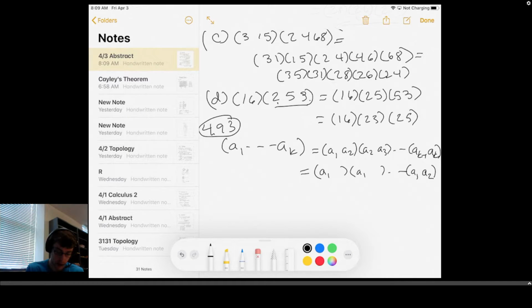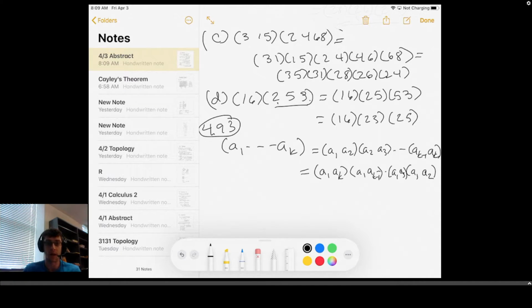Your next one then should be, maybe I'll even put one more in here. Well, you don't want to affect A2 again, but A2 would go to A1 here, and then you want to send A2 to A3. So then A1 goes to A3, and then you back it up to A1 goes to A_{k-1} here, and then finally (A1 A_k).